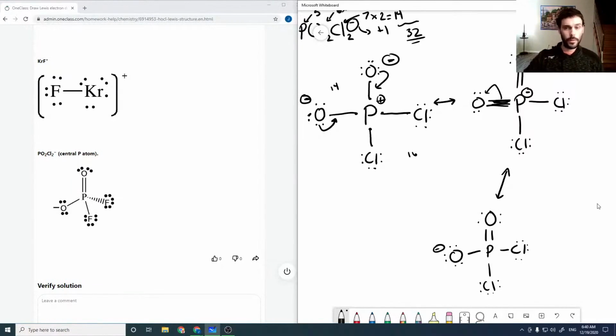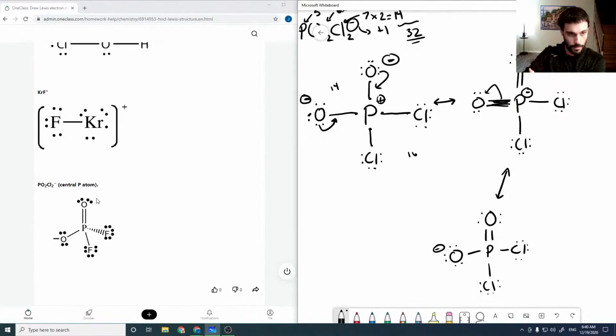So that would be fine as well, actually. Phosphorus is still hypervalent because it has 10 bonds, but that's fine. And the charge is only on one atom, so I would think it would be happier than in the fully charge separated case. It's just that the fluorines should be chlorines.